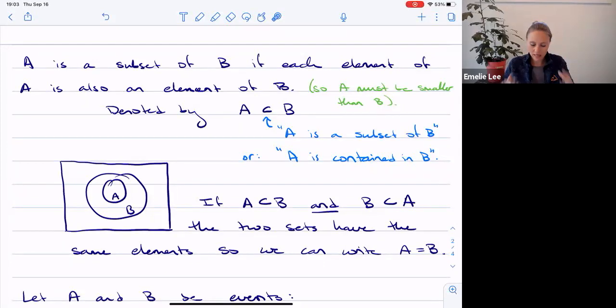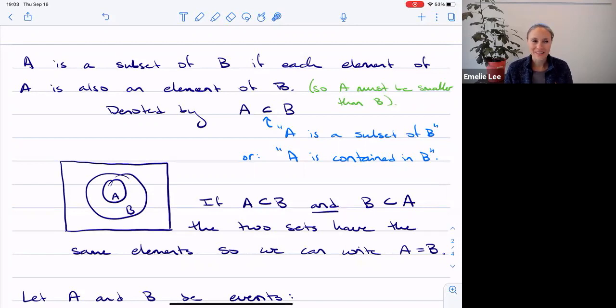If that's true, then the two sets have the same elements, so we can write that A is equal to B. There are going to be cases where we need to prove that A equals B. This is how we would do that: we would show that A is a subset of B, and then vice versa, that B is also a subset of A, and therefore A is equal to B.